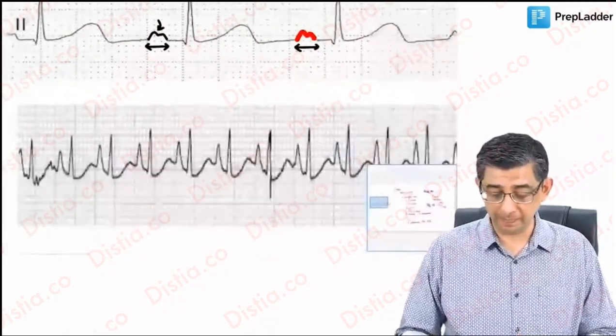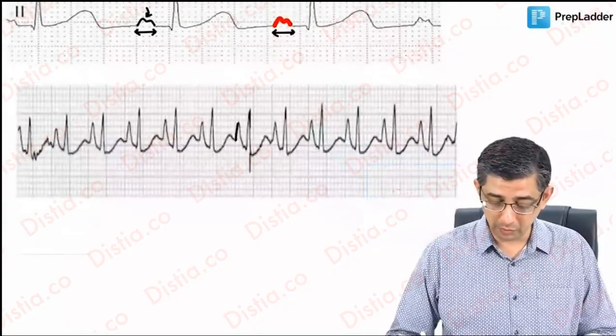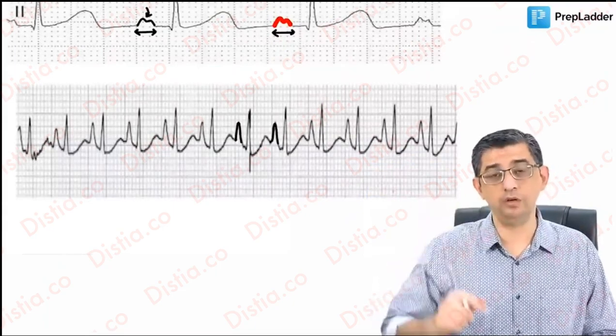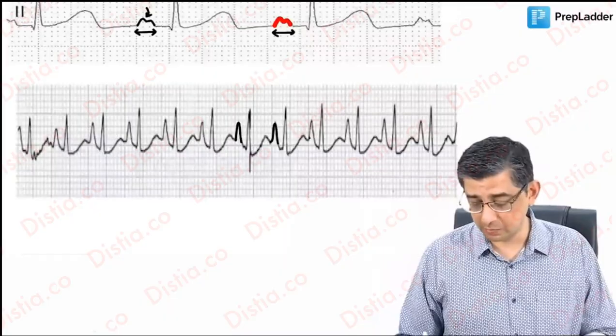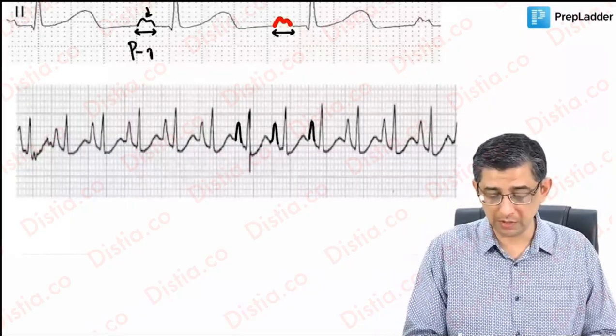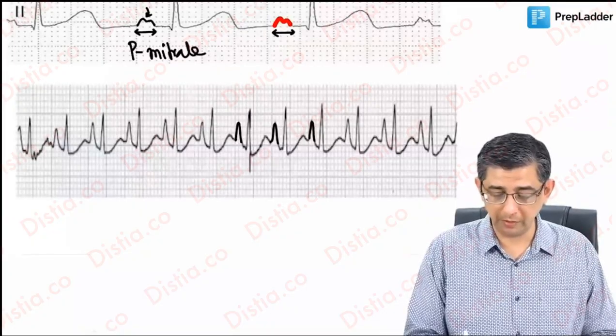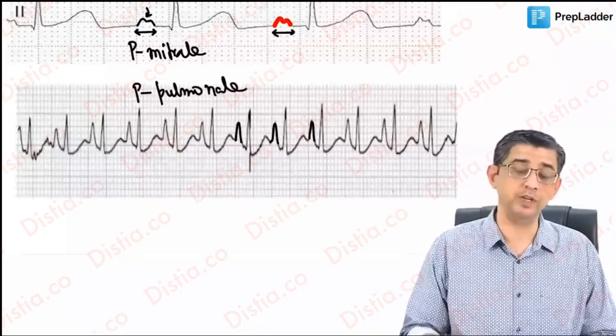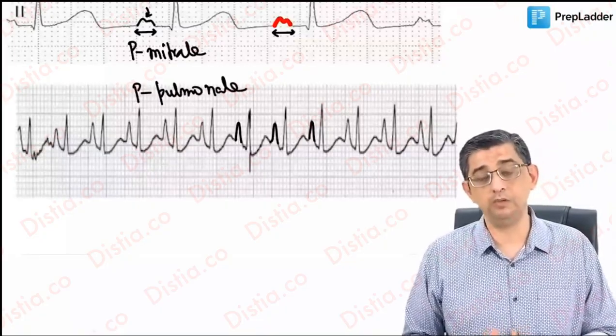At the same time, the P wave amplitude: it's rather a spiked P wave. No, I mean I'll say the P wave has more of a rounded configuration. You can notice the spike occurring in the P wave. That's because the height is relatively more. So the superior representation that I made before you is for P mitral and the inferior one is for P pulmonale, and these are two abnormalities that must always be looked at.